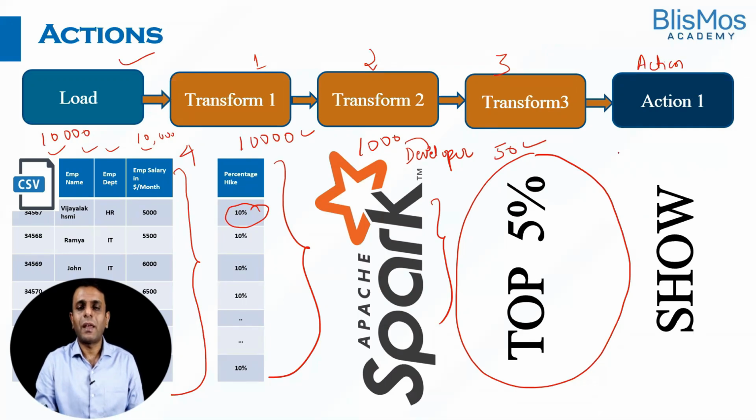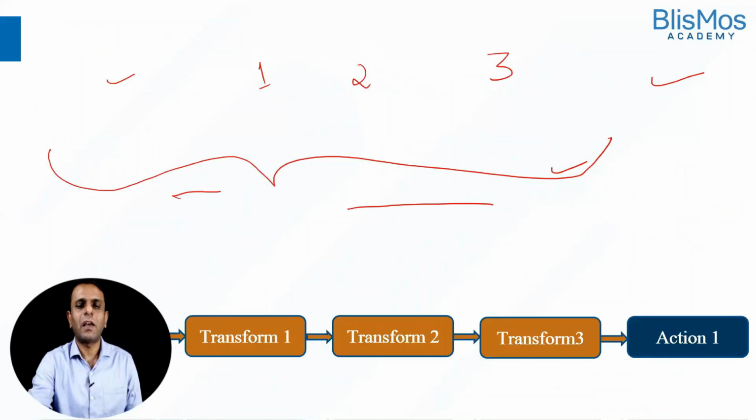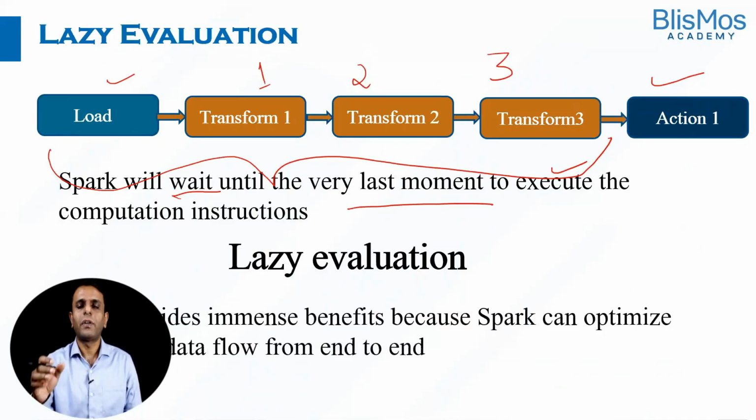At the end of transformation 3, we need only 50 records. If Spark had gone ahead and applied the transformation at each stage, it would be unnecessarily wasting resources, because what the final user needs is only these 50 records. Because of the lazy evaluation, a lot of time and resources are saved.